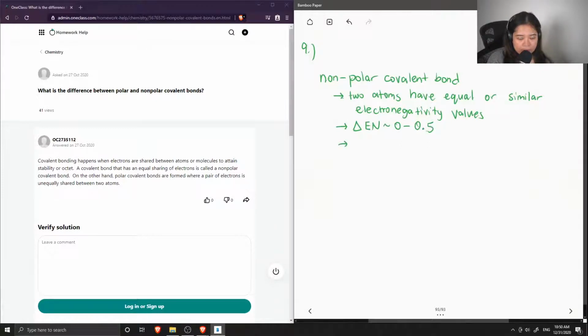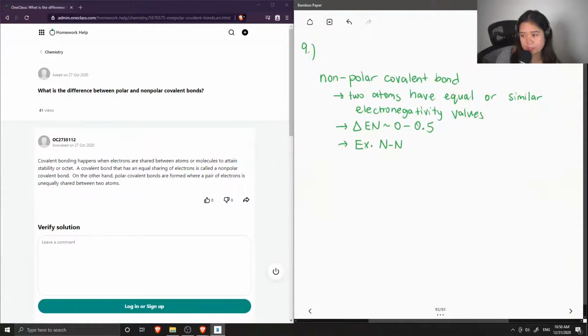Okay, so let's have an example. Some examples would include diatomic molecules, such as the nitrogen-nitrogen bond, which is considered nonpolar covalent since obviously it is the same atom.